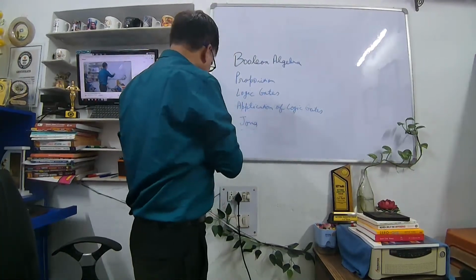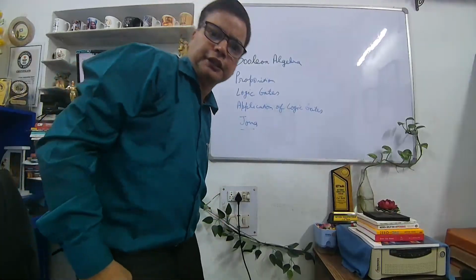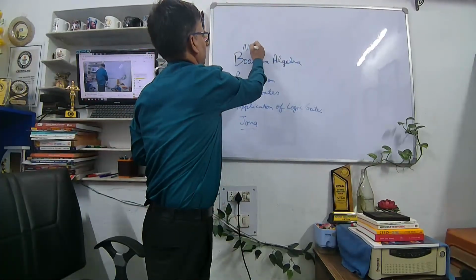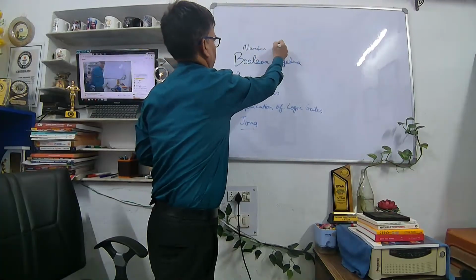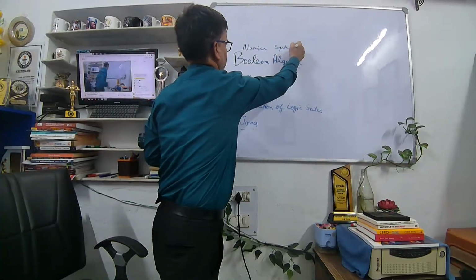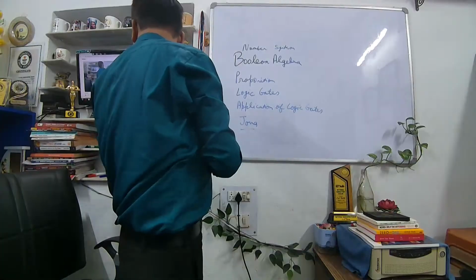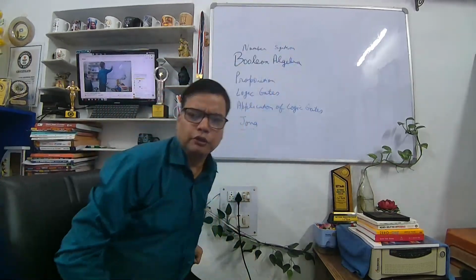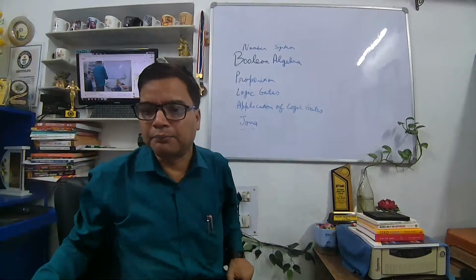This is our syllabus for the first terminal examination, right? Boolean algebra. One more important thing, that's the number system. So you have to be ready with all these things. We'll be discussing all these things in brief.